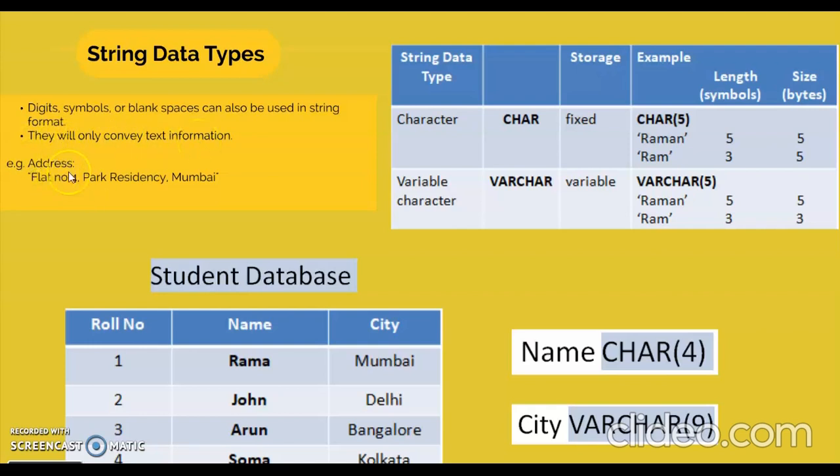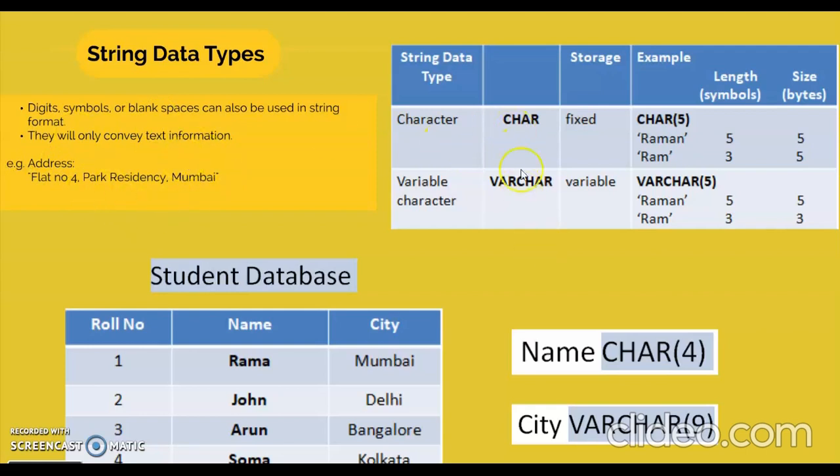For example, here the address is taken as Flat number 4, Park Residency, Mumbai. Here you will see there are digits, there is normal text, we have a special symbol, the comma, and we also have blank spaces. So this is nothing but the string data type.